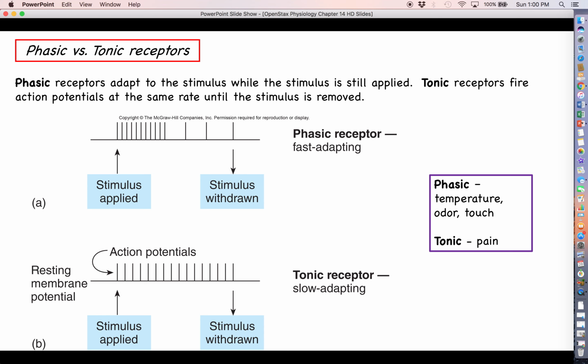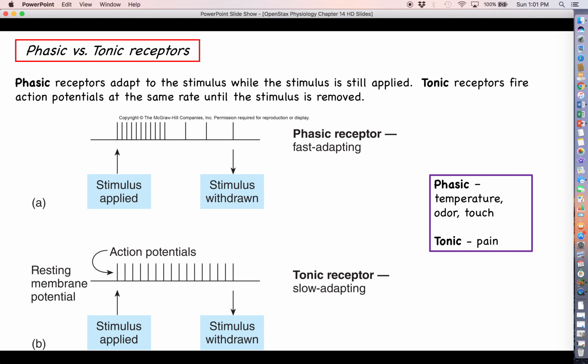But if the stimulus is applied for a good length of time, eventually the receptor's set point is going to change depending on what the stimulus is, and the closer the set point gets to what the stimulus actually is, the smaller and smaller the graded potential is going to be, and the fewer and fewer action potentials are going to be fired.